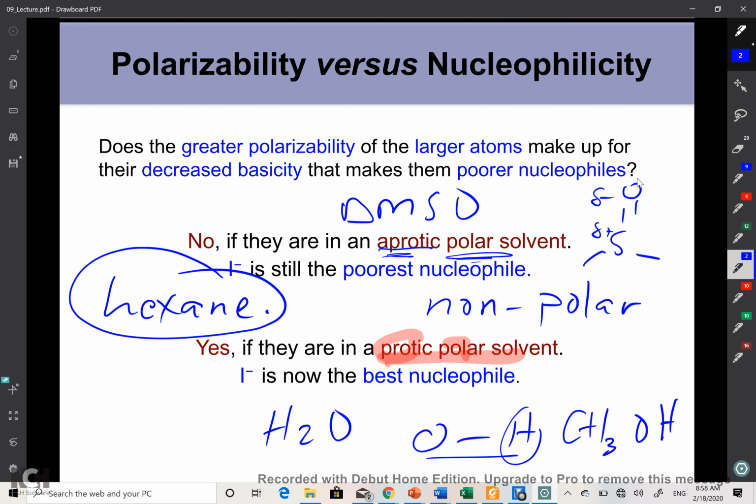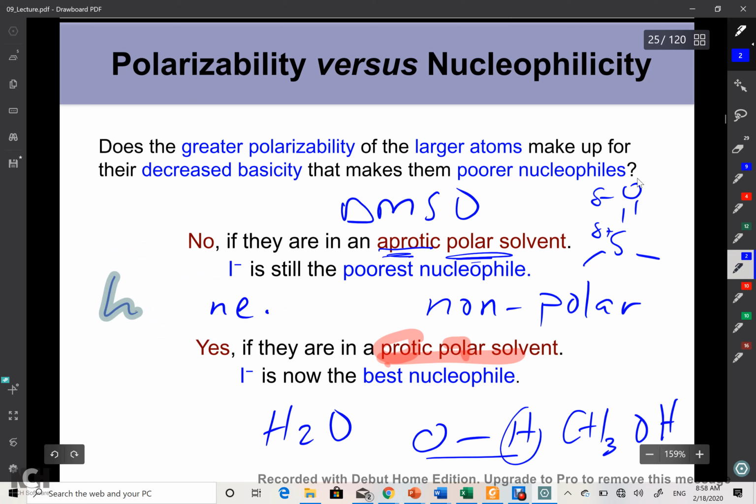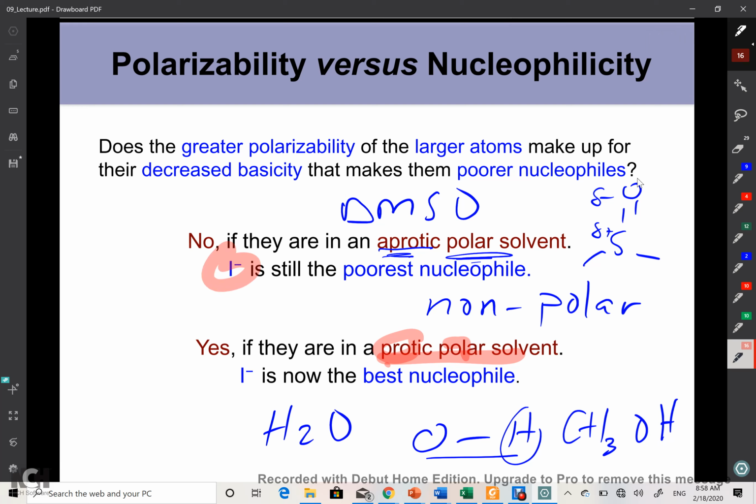And so, let's talk about polarizability and nucleophilicity. Now, in a polar protic solvent, let's get back to the class. In a polar aprotic solvent, I minus is a very bad nucleophile.